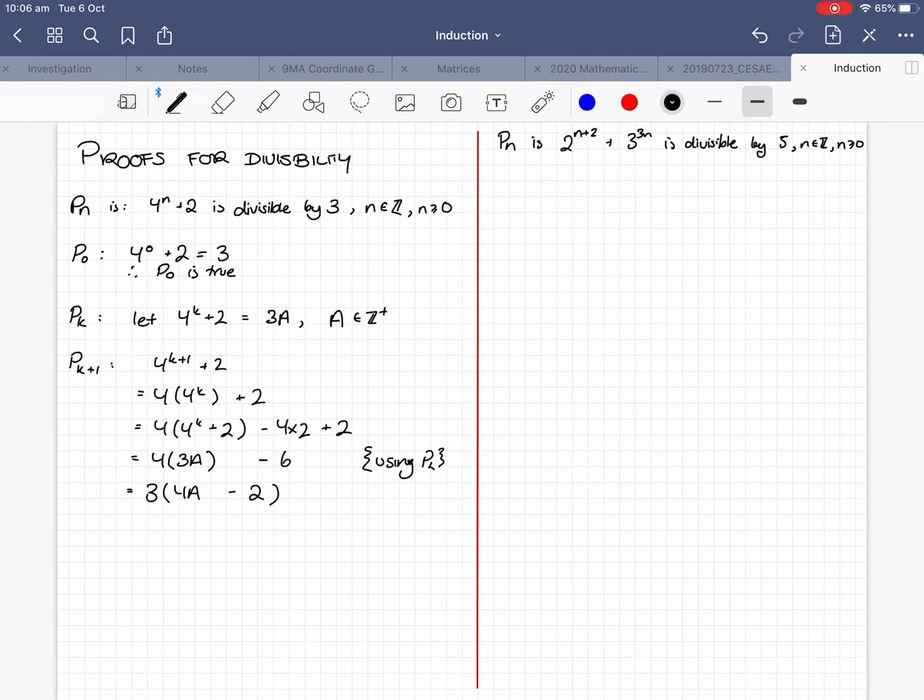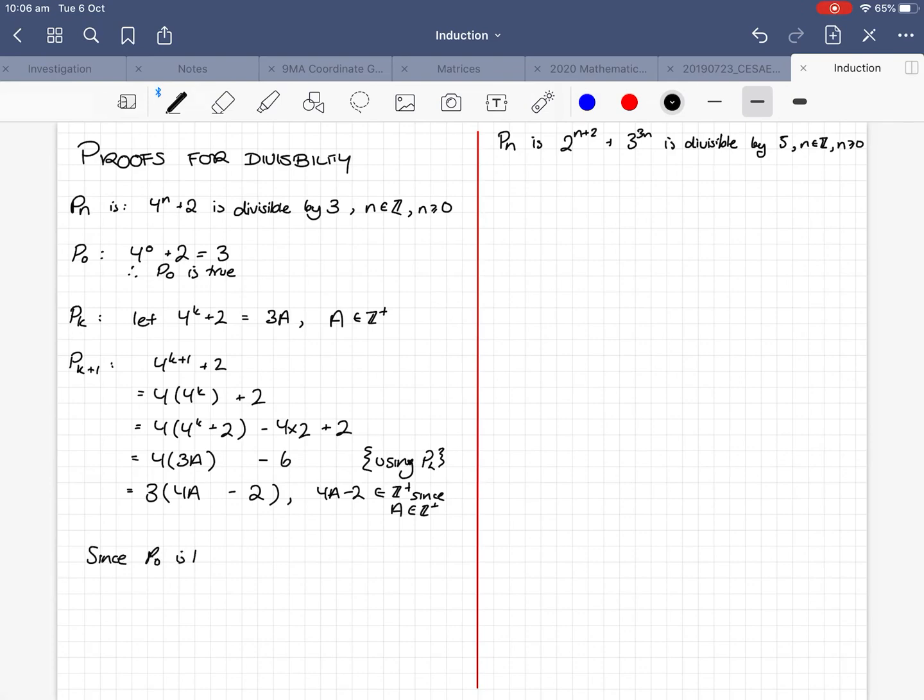So what that means is pk plus 1 is divisible by 3, so therefore pk plus 1 is true. We probably should say that a minus 2 is a positive integer, since a is a positive integer. Now we just finish off writing the statement that we all love.